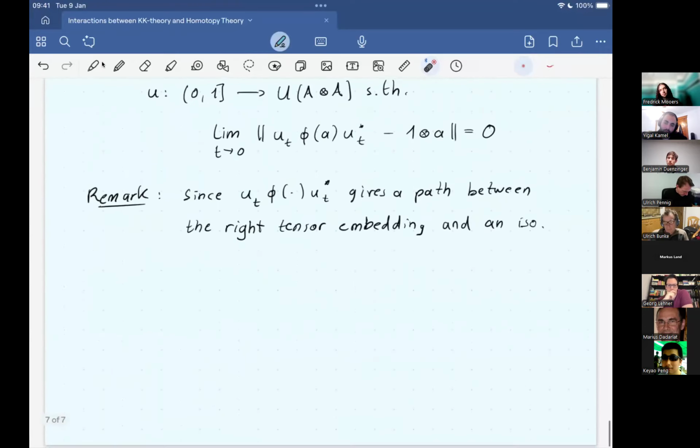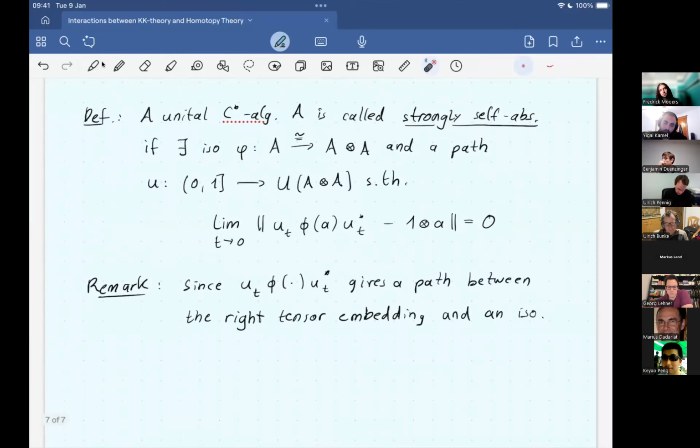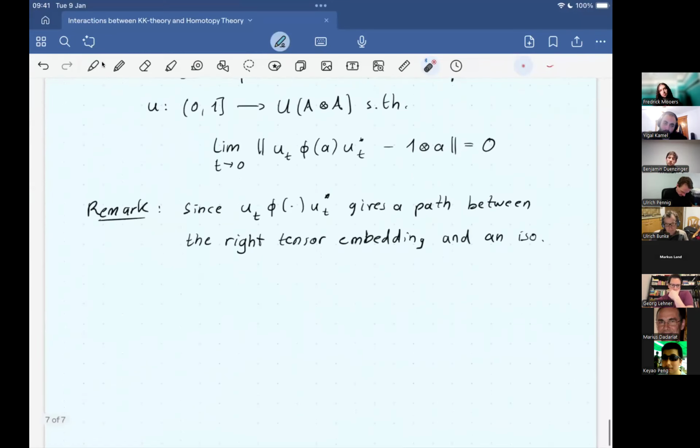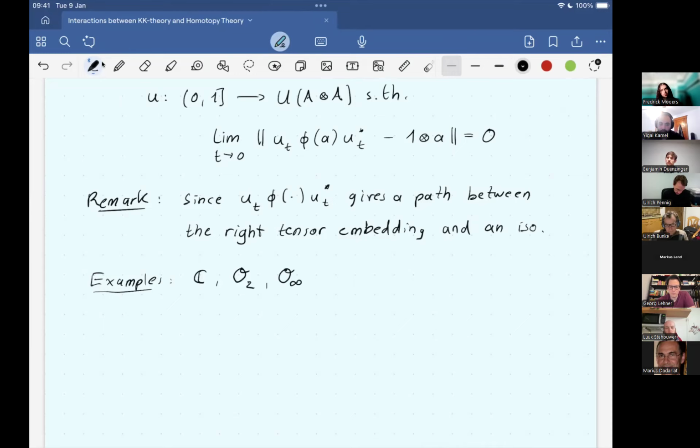Now this looks really strange if you see this for the first time. You start with a C star algebra that is isomorphic to the tensor product with itself, so are there even such things at all? There are some examples. The complex numbers is the trivial example, but then there are the so-called Cuntz algebras, and two of them, O2 and O infinity, have this property.